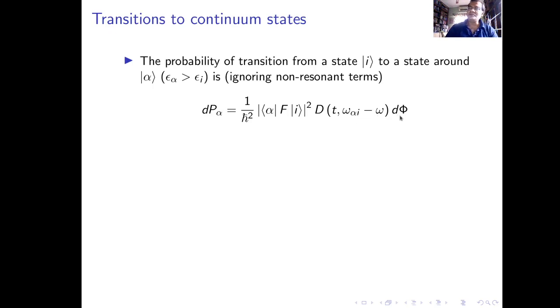So this is just the term that you get when you take the probability expression that we had and just use the resonant term, that is where omega alpha I minus omega is being considered.